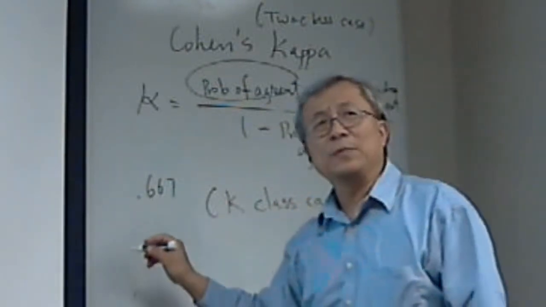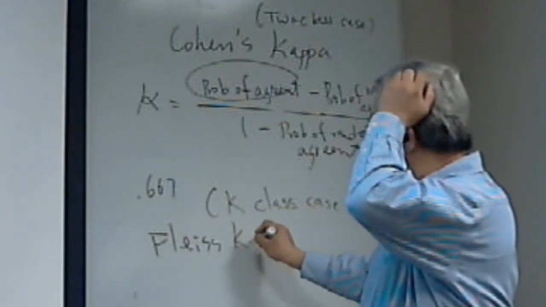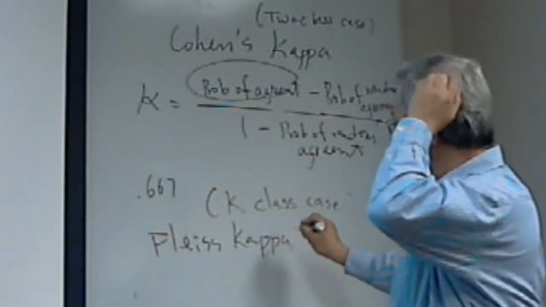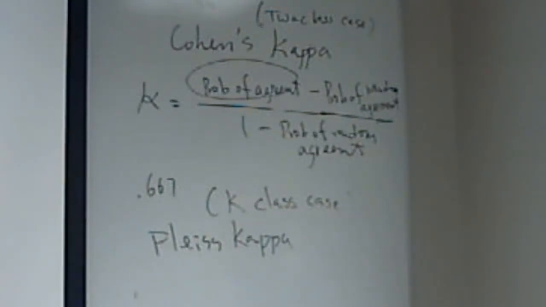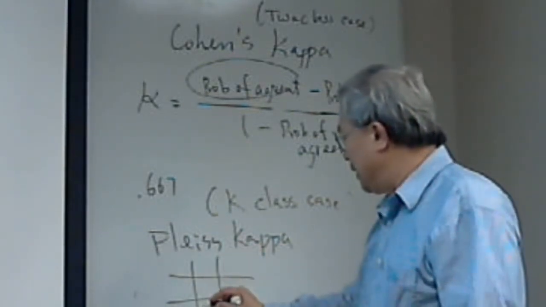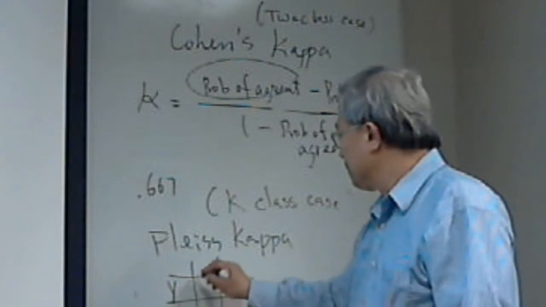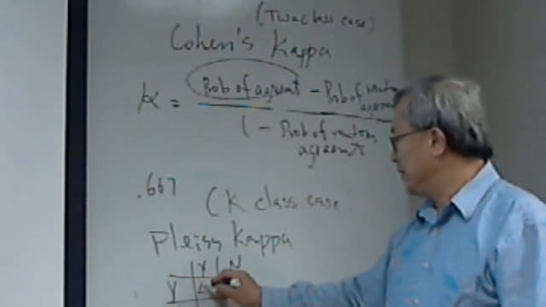So there's a general measurement, but I forgot the formula for that. I know the 2 classes case is probably not appropriate for this case. Let's say you have 2 raters rating yes and no. Let's get one example.